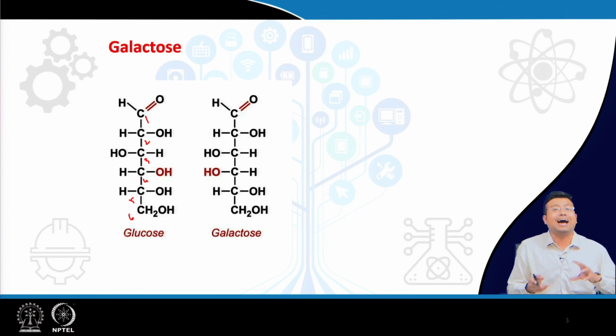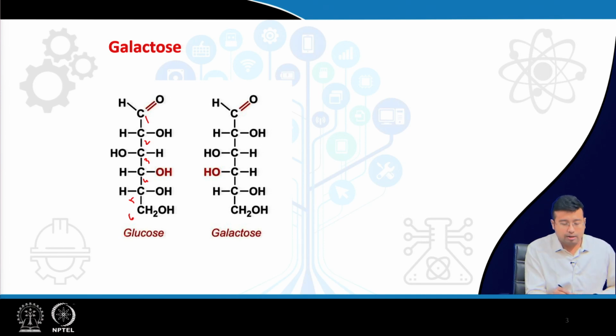So, glucose and galactose are isomers, right? Specifically, glucose and galactose differ in the 4th carbon, where the H and OH is actually reversed.